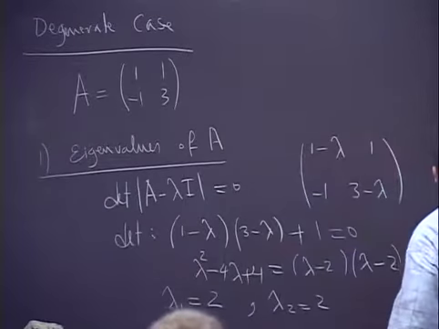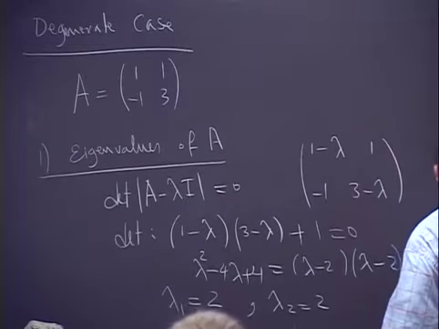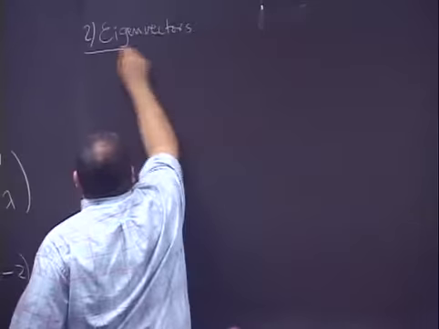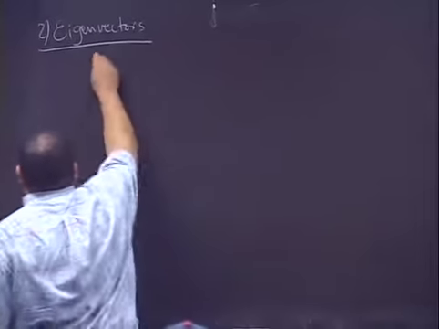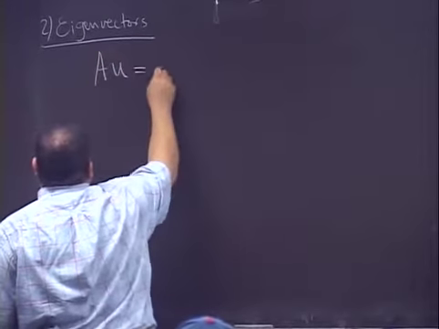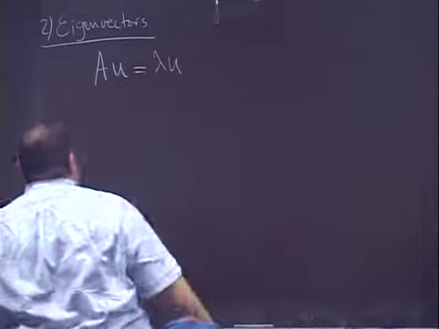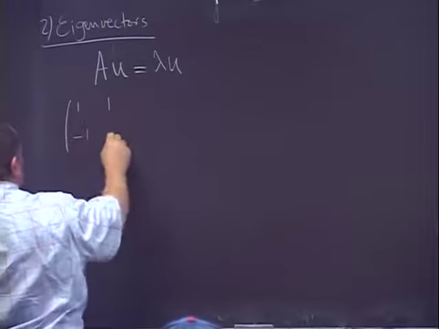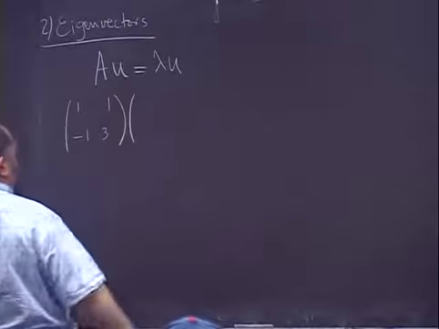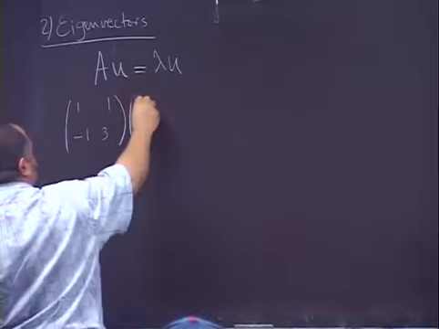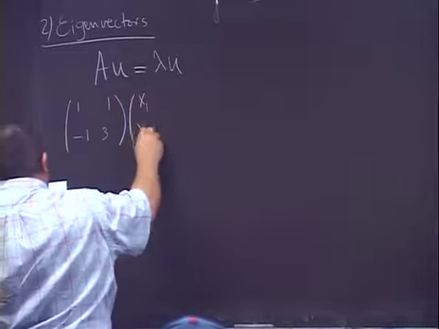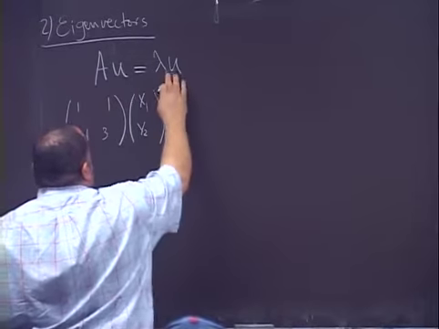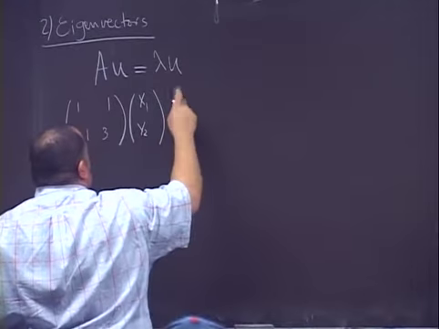So the second thing is to look for the eigenvectors. And what are the eigenvectors? We have to solve Au = λu. Again, it's [1, 1; -1, 3], and the components of the eigenvector we will call x1 and x2. And the eigenvalue here, the first eigenvalue will be 2, and the second eigenvalue will be 2.